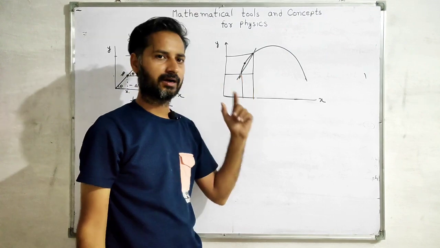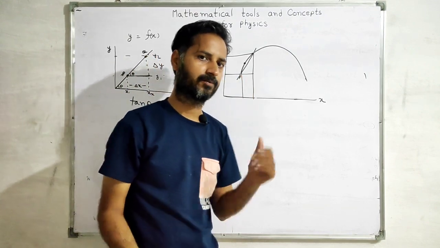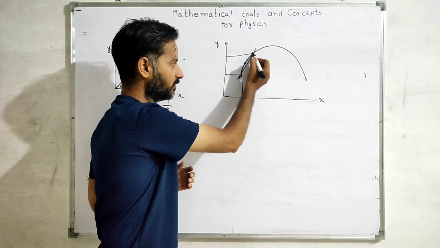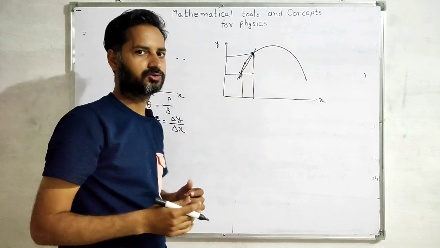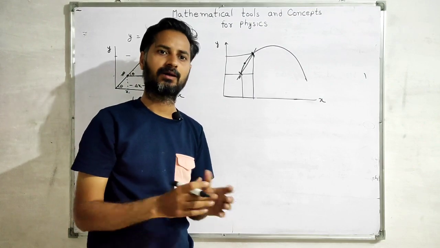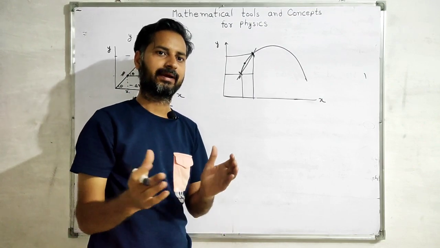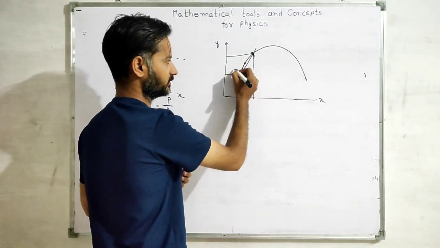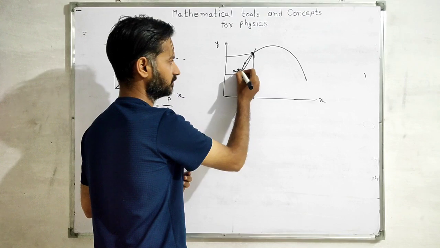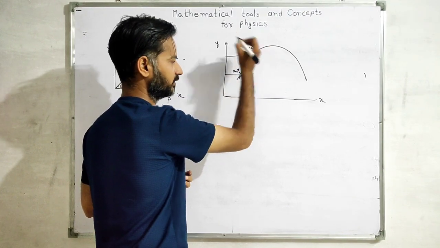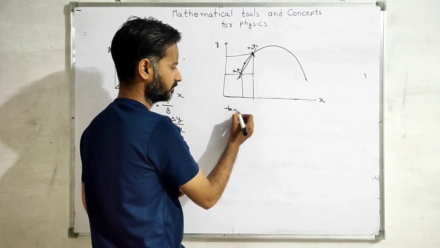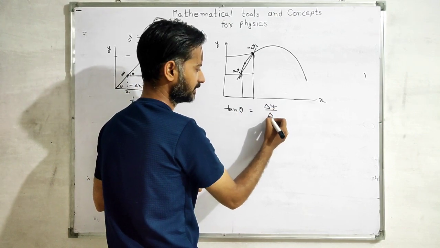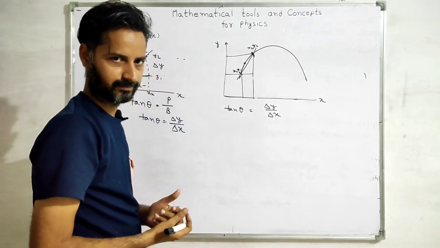So the theta or the slope that I get from this will be the average value from here to here. So I can't get the exact value of slope. If I write these x1, y1, x2, y2 coordinates, then tan theta will be del y divided by del x, and this will be the average value.